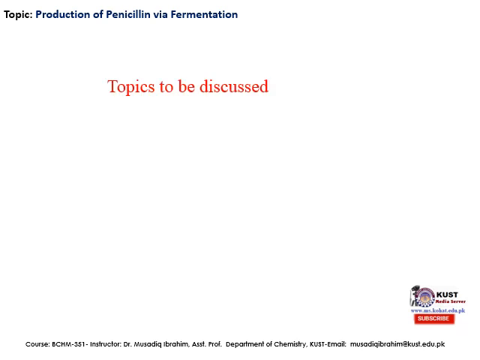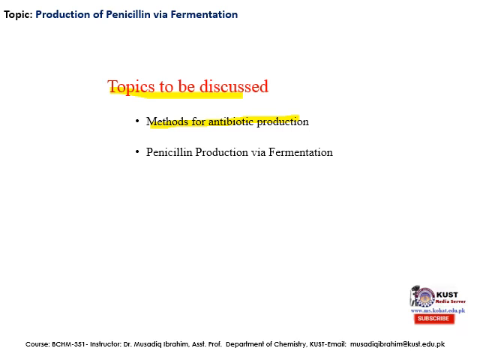Now, moving towards the topics which will be discussed in this lecture. We will be discussing the methods for antibiotic production, how the antibiotics are produced and what methods are used for their production.